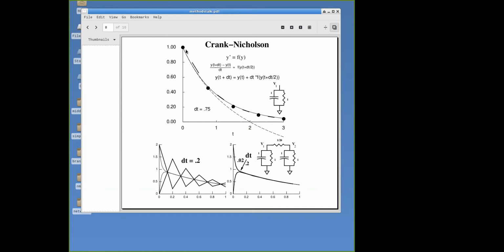And you can do that by doing a half step of implicit Euler followed by an explicit Euler half step. Okay, that's cheaply implemented. The Crank-Nicolson method gives second order precision in time, and it can be used with a larger DT and yet preserve good accuracy.